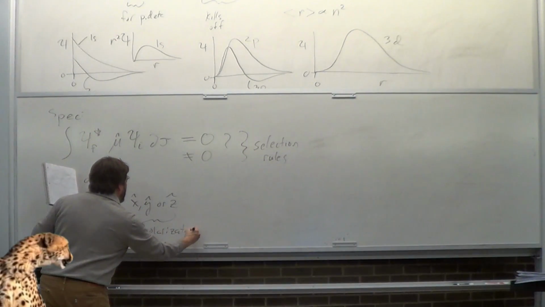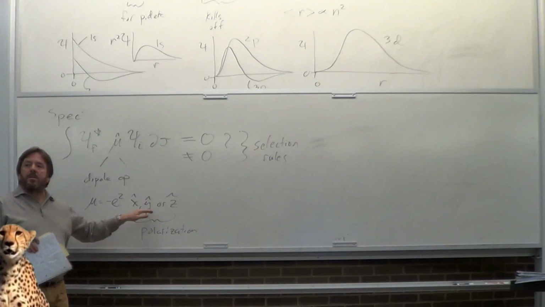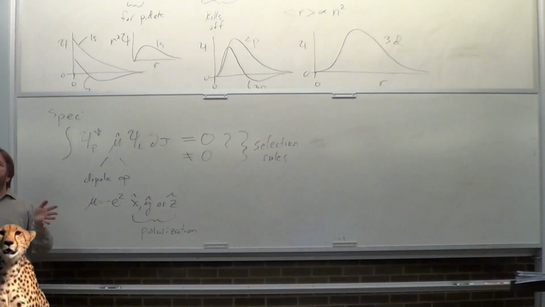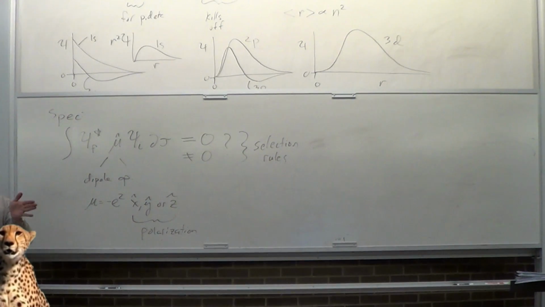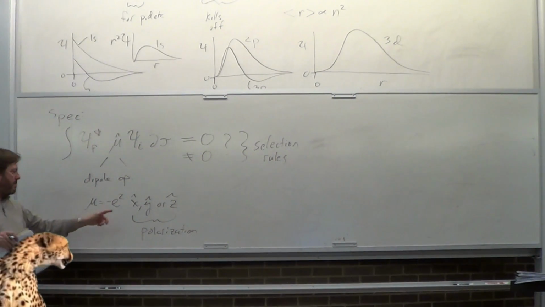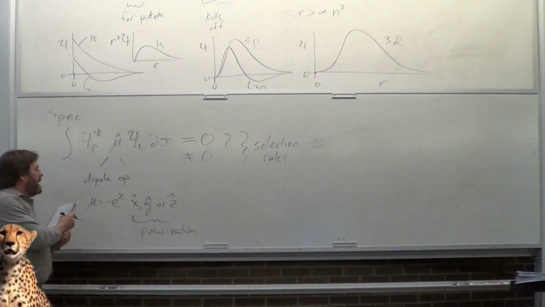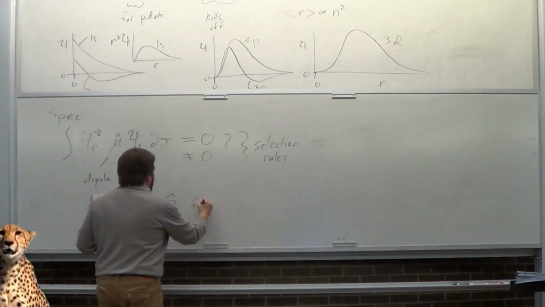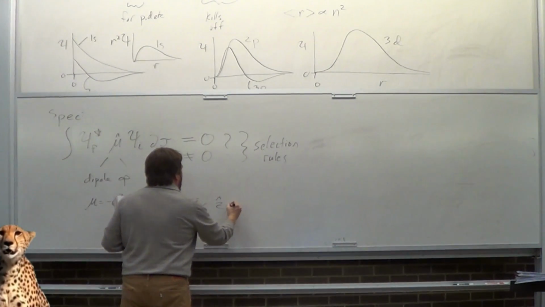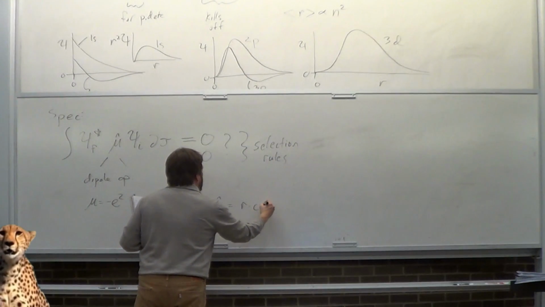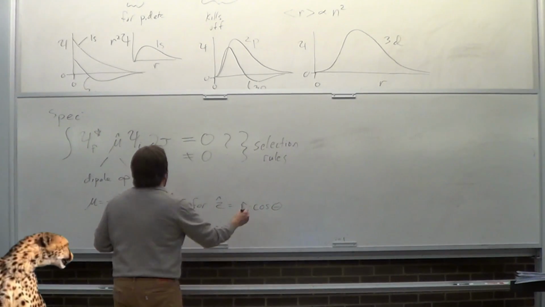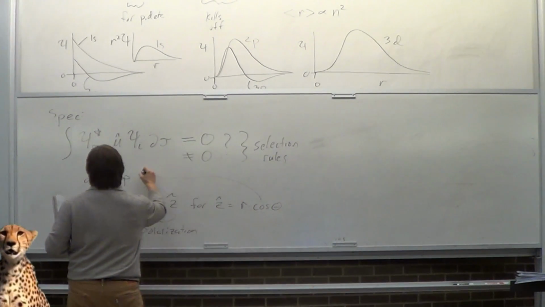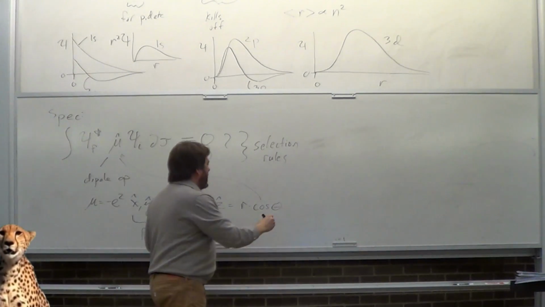Note that I'm not doing circularly polarized light. Light does come in circularly polarized form, but if you drive it through a plane polarizer, you can make things x, y, or z polarized. Now you know that for z polarized light, z is r cos theta. And so when you plug that into here, you get selection rules.